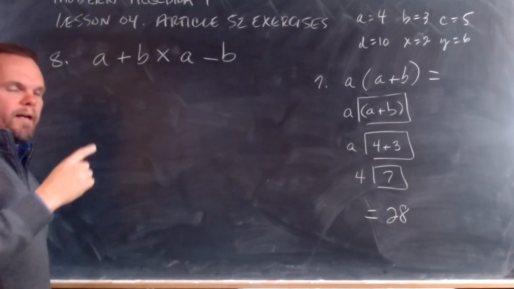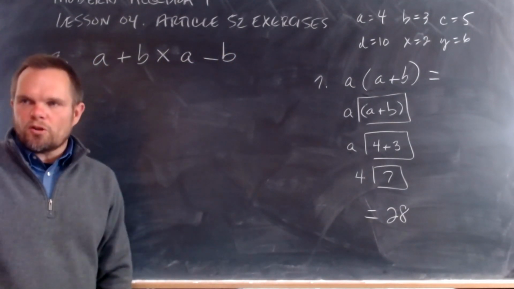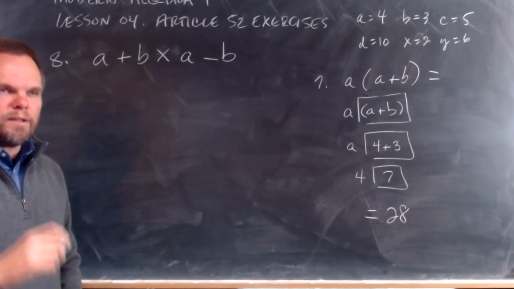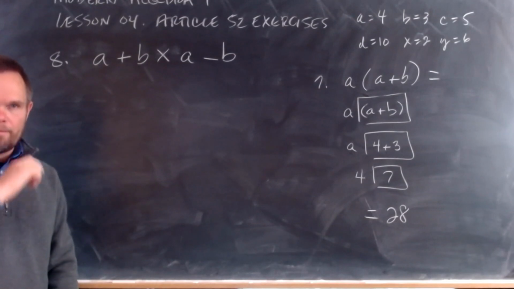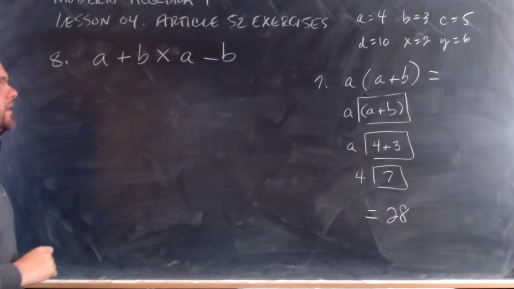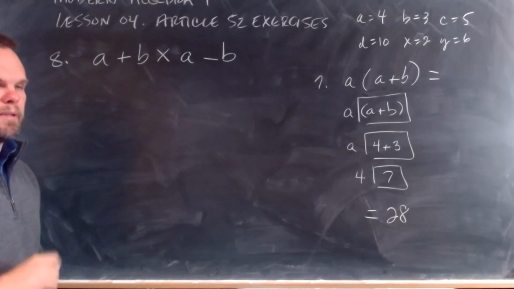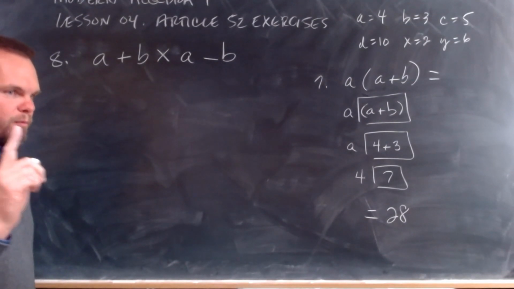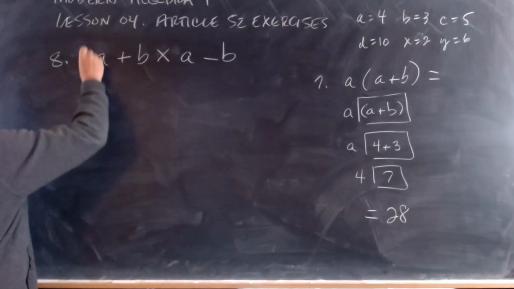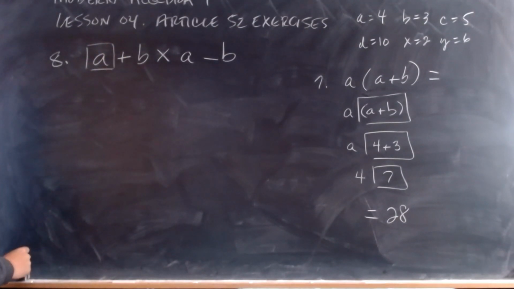What's the first thing that we should look for? Terms. How many terms do we have in this expression? Be careful. 3 terms. What's the first term? A. What's the second term?